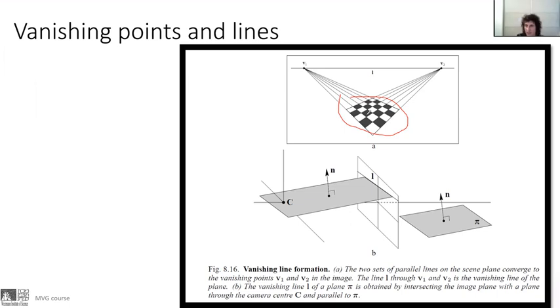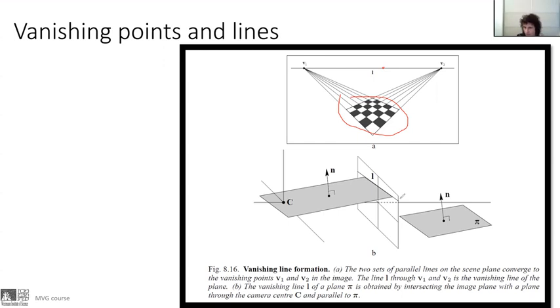If I'm capturing this plane in an image and looking at the convergence of these parallel lines, they were parallel and now converge to a point V1, and these parallel lines converge to point V2. If I have another set of parallel lines, they will converge to another point here, for example, or here. It means that each plane has its vanishing line, okay? Depending on the direction of the plane, you get one vanishing line. All converging points will stay on the same line.